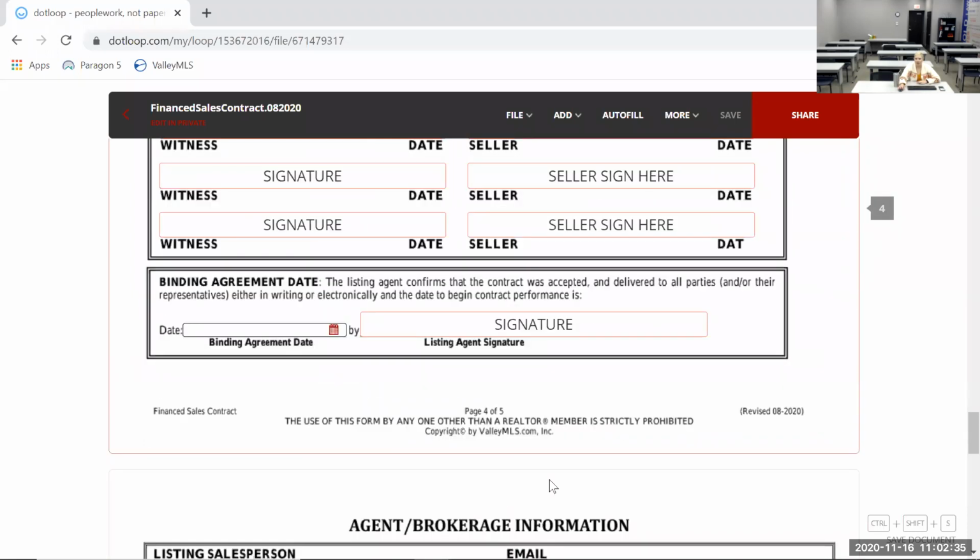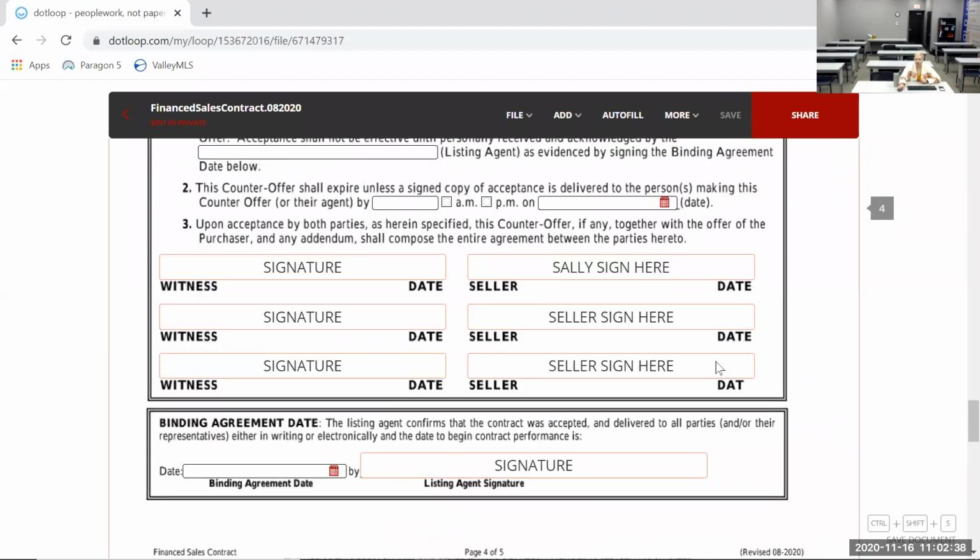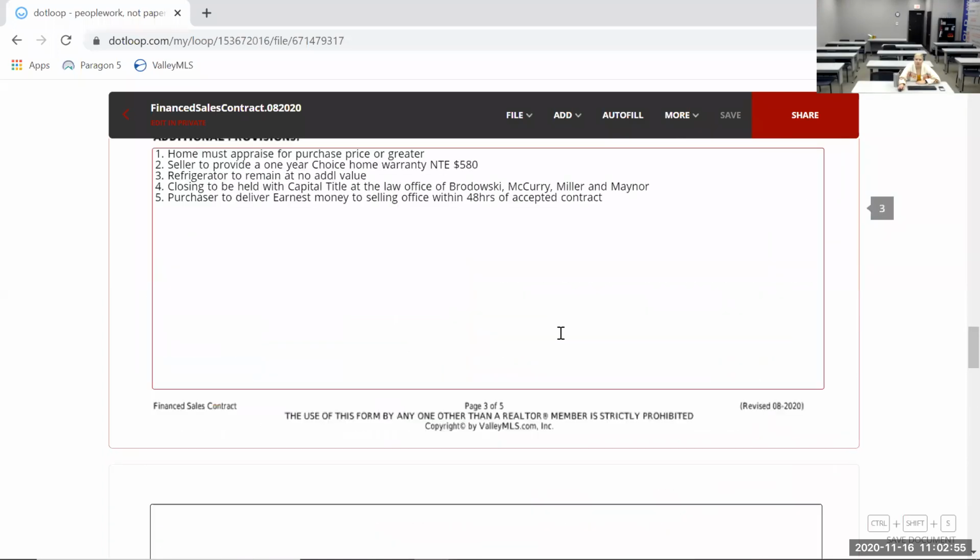Does anybody have any questions about the contract itself? Anything we can answer as far as additional provisions, anything? Will we get a copy of this?